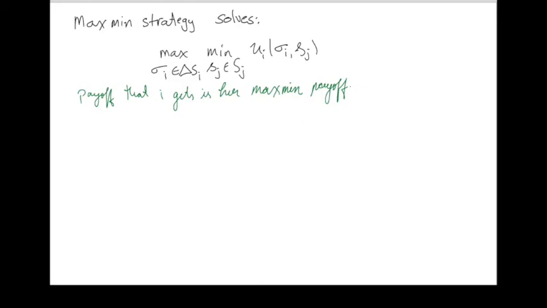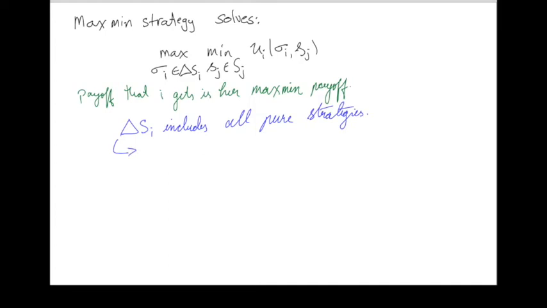Notice that she's only going to get her max-min payoff in expectation. She could, for some of the strategies that she plays with positive probability, end up with a lower payoff than the expected payoff. That is the max-min payoff. What should be obvious to you right now is that delta SI, which is the set of all mixed strategies for player I, includes all pure strategies, because you could always just play a strategy where you put probability 1 on one particular pure strategy.